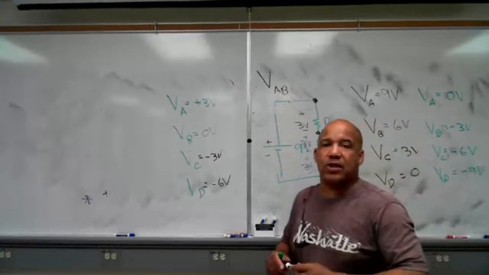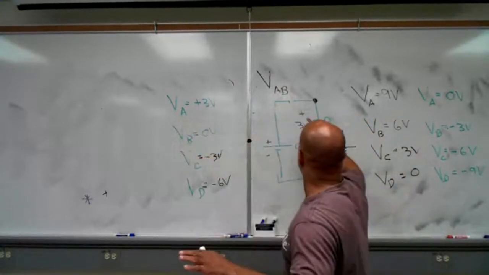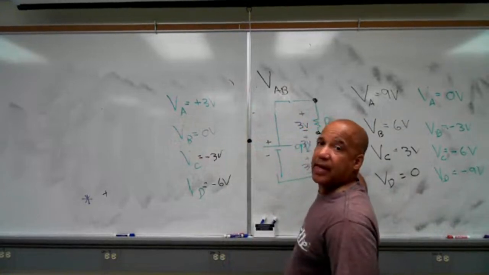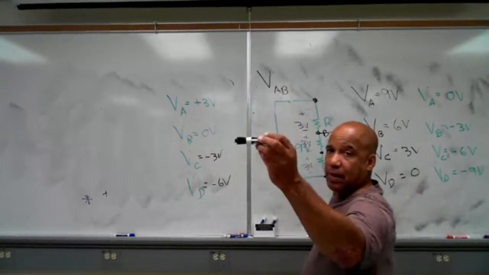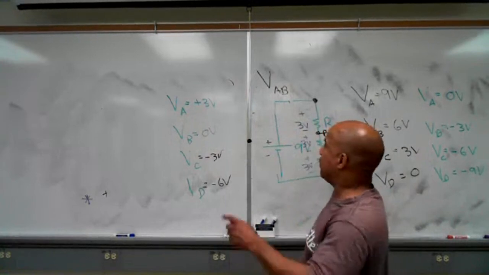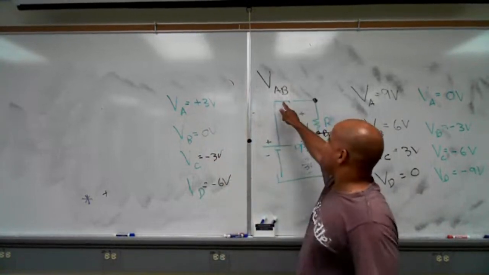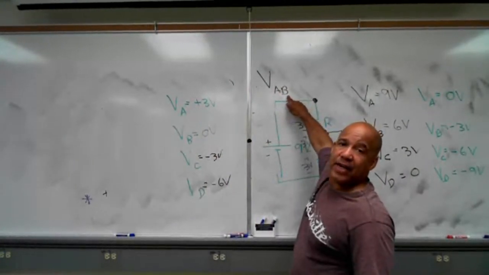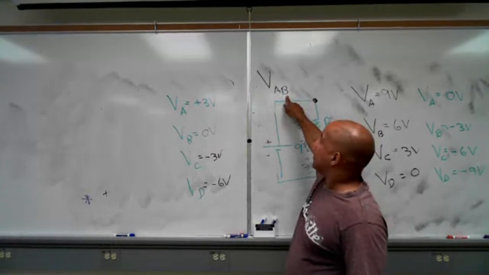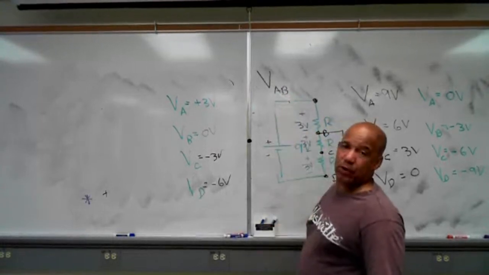If you see single subscript notation, what you do is you look at the schematic to see where that symbol is, and that's where you put your black lead, leave it there, and you use your red lead to measure all the points. That'll be the voltage at A with respect to ground, voltage at B with respect to ground, and so forth. But when you see it this way, the second letter is your reference. So B here is your reference, and that means that that's where you put your black lead.